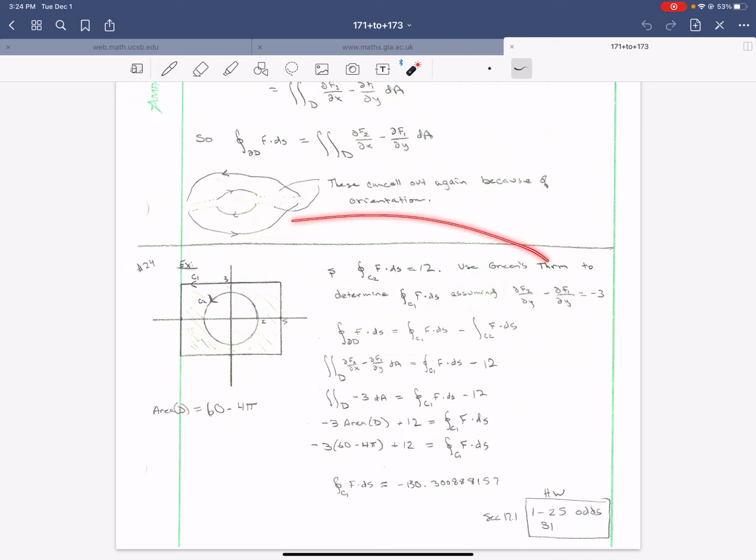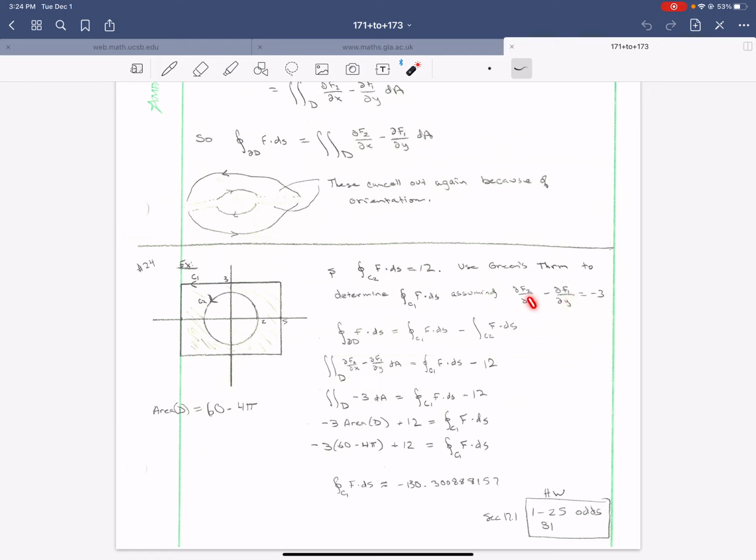And notice the vector field is nowhere mentioned in here. It's just an F there, it's an F there, and it has an F1 and an F2 in it. But that's all I get to know. And so they say, well, I'll tell you that the integrand in there for Green's theorem is -3. And so, and this should be an X right there.